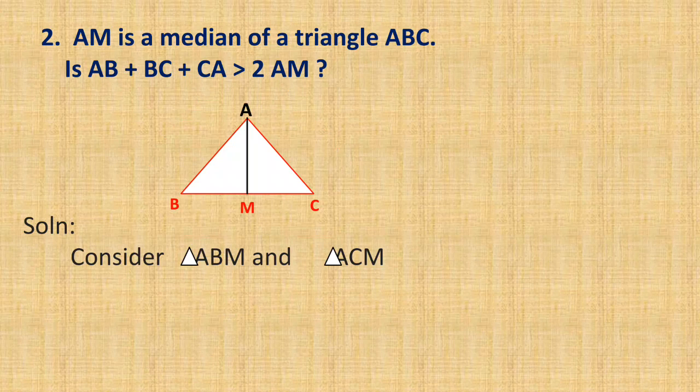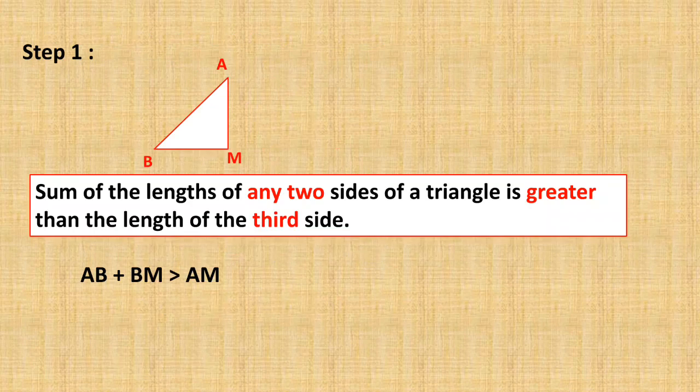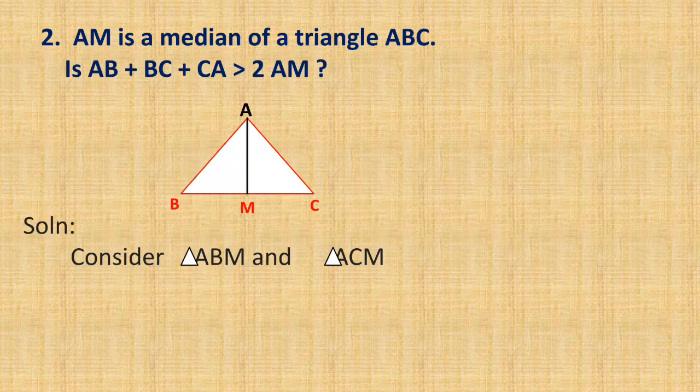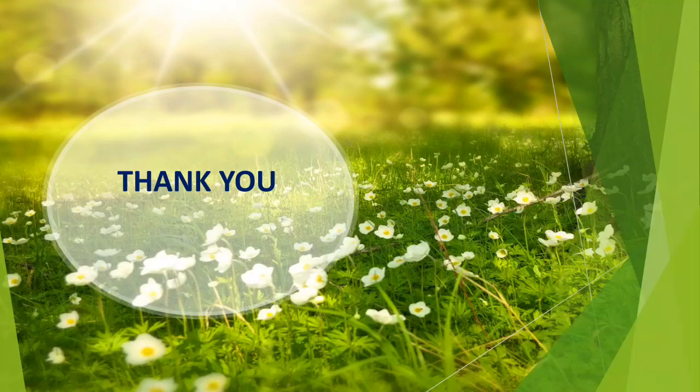So, AB plus BC plus AC greater than 2AM. Here, CA and AC are the same. AB plus BC plus AC greater than AM plus AM, 2 times AM. What is your question? AB plus BC plus CA greater than 2AM. Yes, AB plus BC plus AC greater than 2AM. Hence proved. Thank you, students.